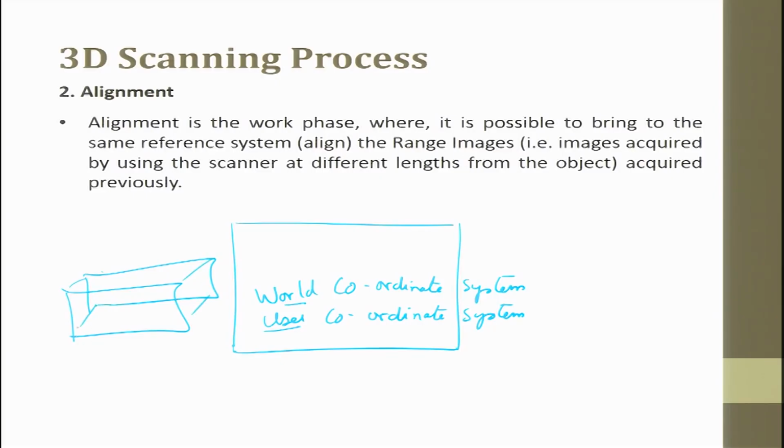The entire object will be drawn with respect to the world coordinate system, but when you have to look for other details, this is called the user coordinate system. Suppose you have some features, then with this you draw the feature and later you transform it to the base.